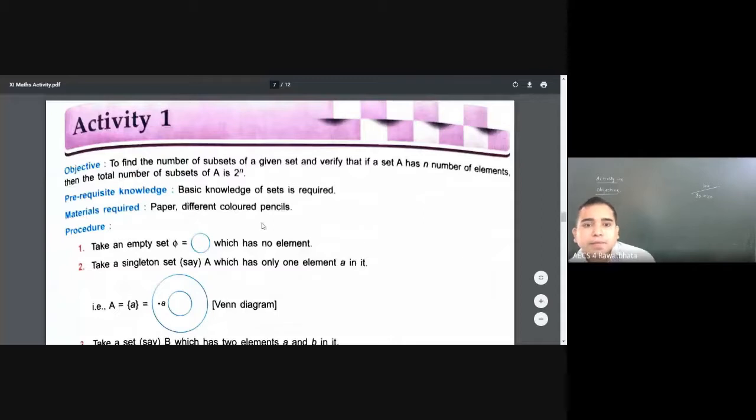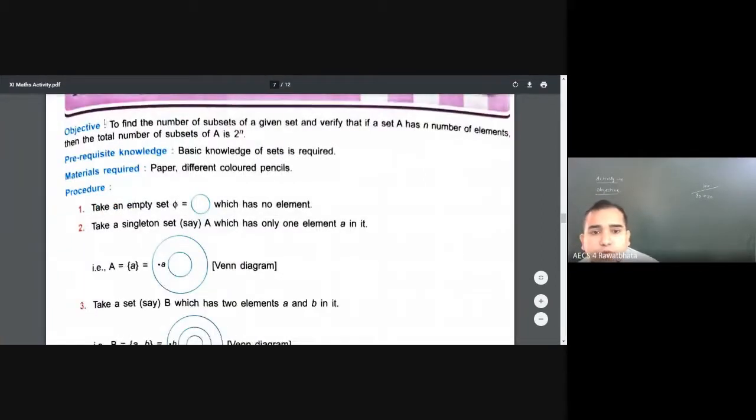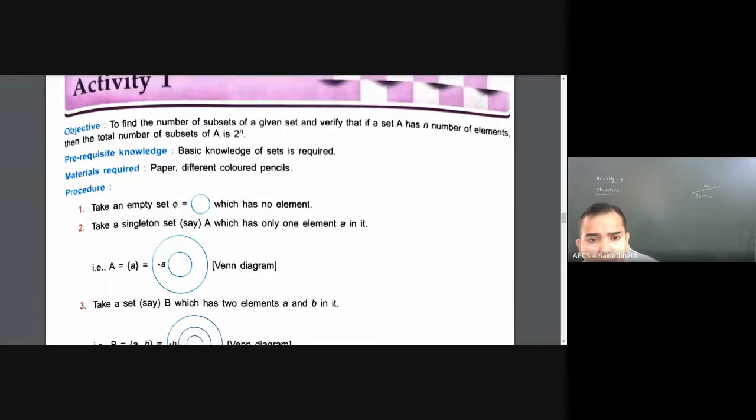So its objective is to find the number of subsets of a given set and verify that if a set has n number of elements, then the total number of subsets will be 2 raised to power n. It is one of the very basic things. You may think that we have already discussed and read this, but very elementary things, many a times elementary things are too obvious, but we have to do it. We have to do it, verify it.